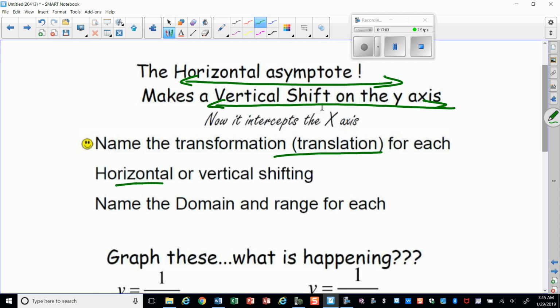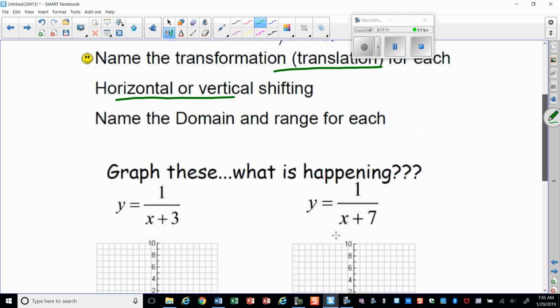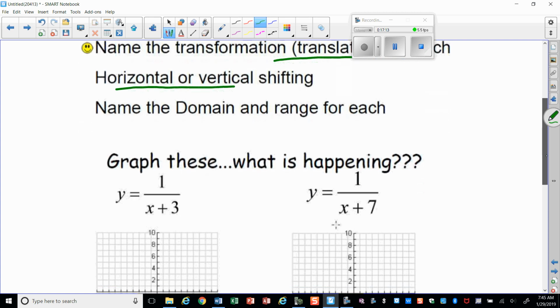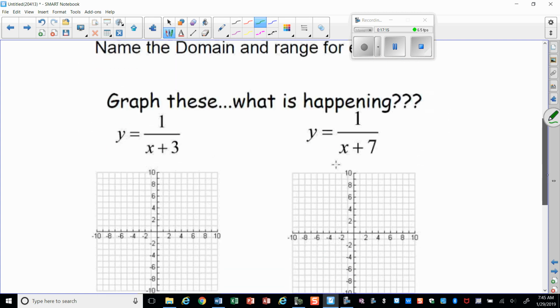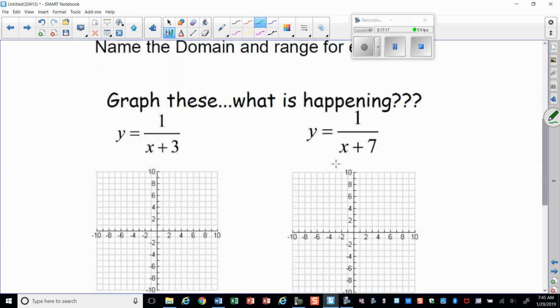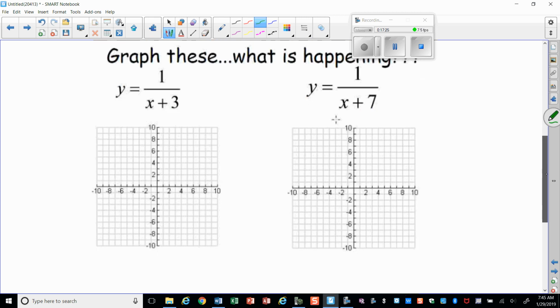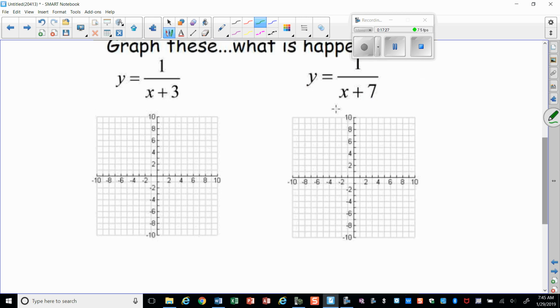You're just going horizontal or vertical, not stretching or anything. And then the domain, you need to be able to name the domain and range for each of these as well, because that's what gets shifted. If you go up and down, you actually change the range. You're not going to change the domain, just the range. So go ahead and graph these and write down what the new domain is.